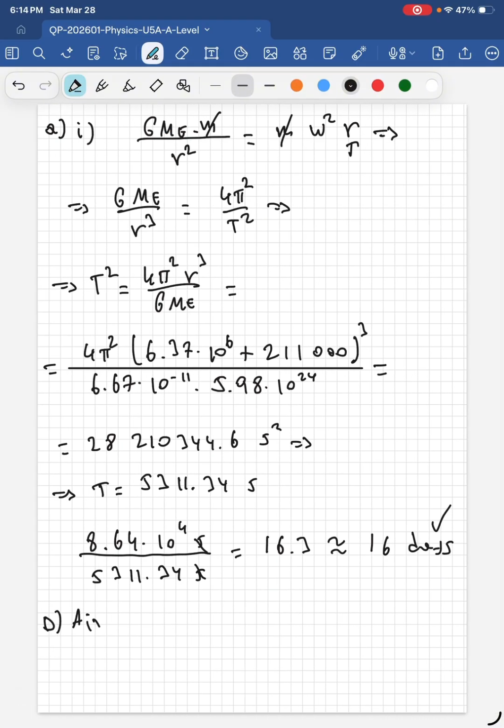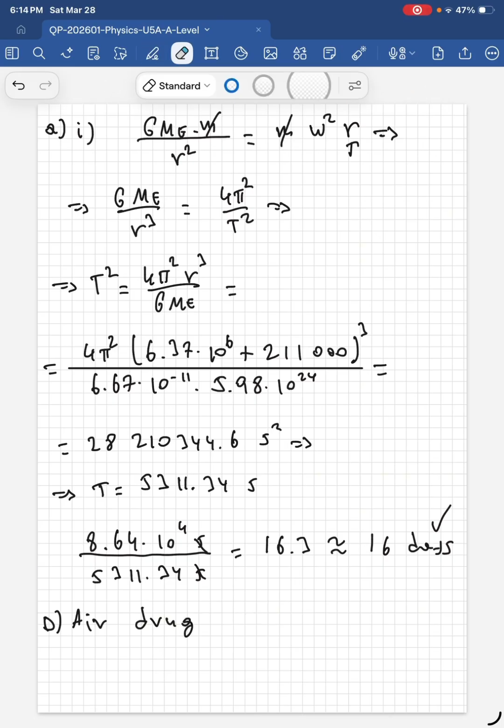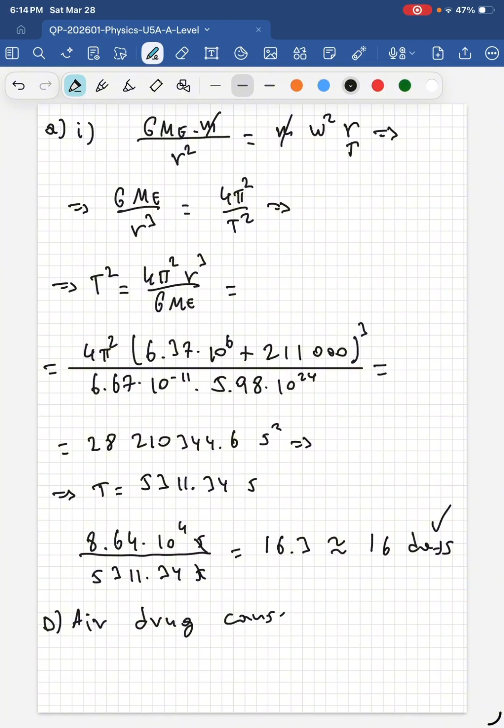So air drag caused the heating of the space station. Okay, so that's an answer. Okay, because the air drag creates heat and then it burns.